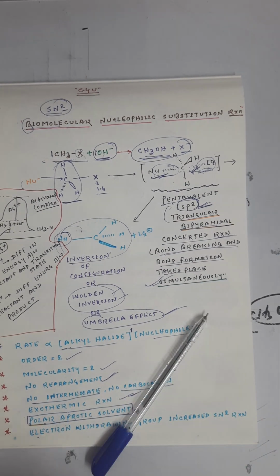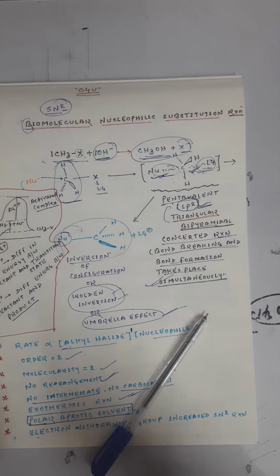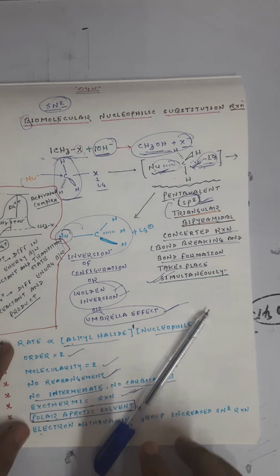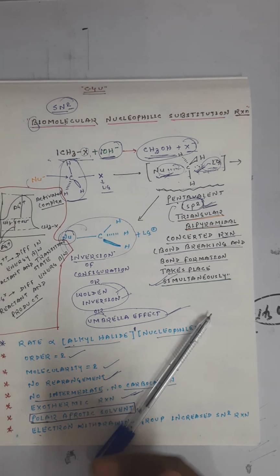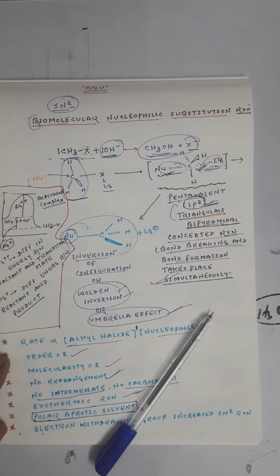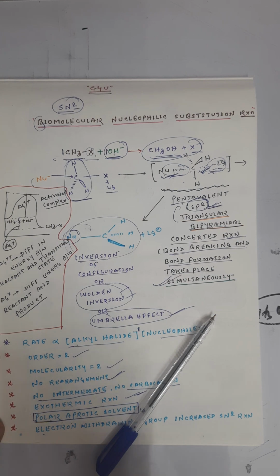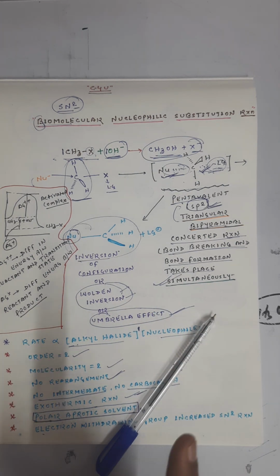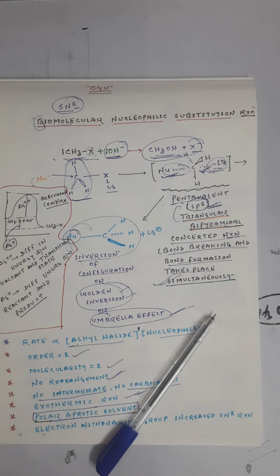We have studied in chemical kinetics that if any reaction is an elementary reaction, order and molecularity are both the same. Since SN2 is an elementary reaction, its order and molecularity are the same. How can you predict the molecularity of an elementary reaction?